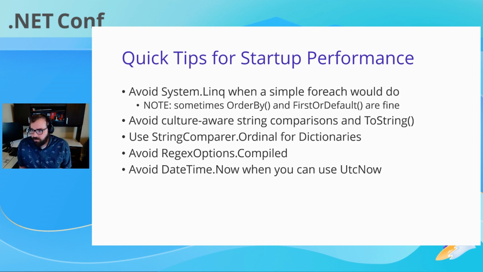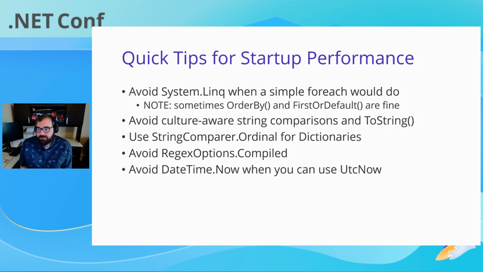Similarly, avoid regex options compiled. In Xamarin Android and Mono back in the day, this option didn't do anything. And so you might move to .NET 6 and find out now this option actually works, right? It spends extra time to create the regex so that you can call the regex a lot and it be fast.